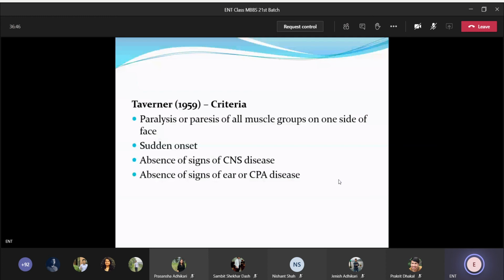If the frontal muscle, frontal frowning, is present, then that is not Bell's palsy. Bell's palsy is of lower motor neuron type. In lower motor neuron type, there will be paresis of all the muscles of the face.